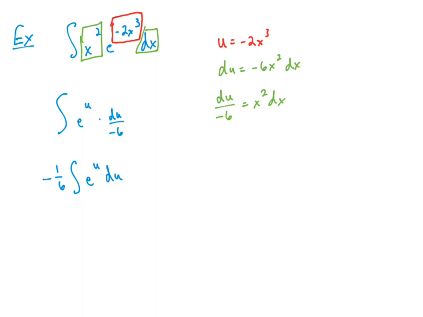It's really nice when we can end up with an integrand of e to the u, because that will always just end up being e to the u plus c, and then we substitute back in whatever we had for u. So this will be negative 1/6 e to the negative 2x cubed plus c.